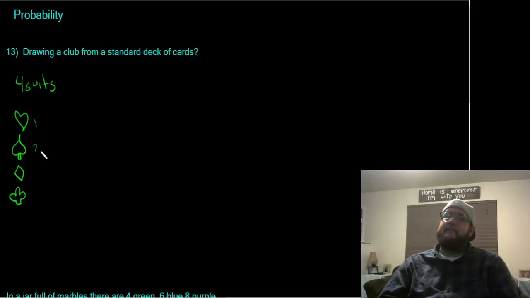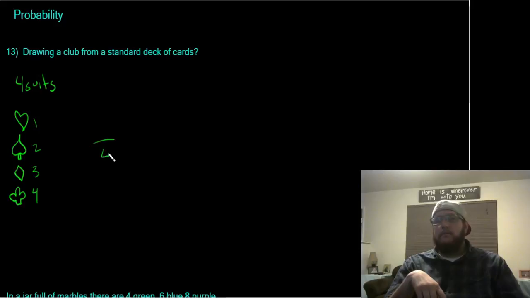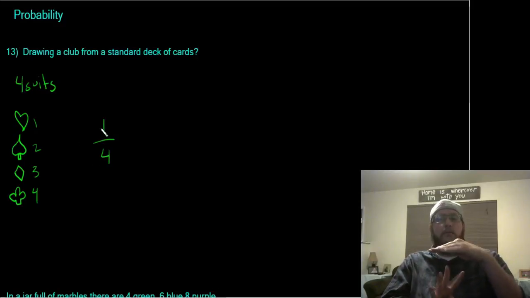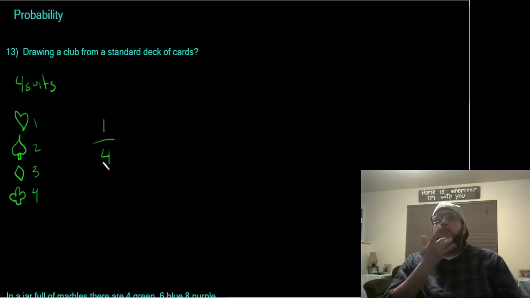So there are 4 different suits, 4 different possible outcomes. And we know that we're talking about drawing a club, so that's one of those possible outcomes. So we have a probability of 1/4.